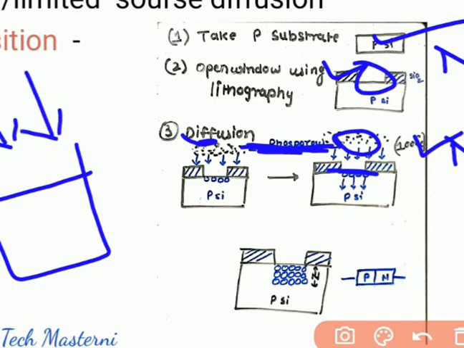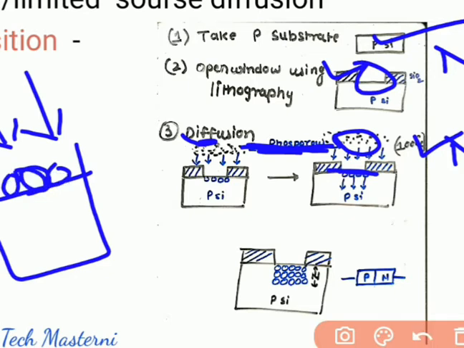When it diffuses to this area, it will dissolve in this surface. The amount of donor which will dissolve is known as solid solubility. The number of dopant atoms which can be dissolved by this surface is known as solid solubility.